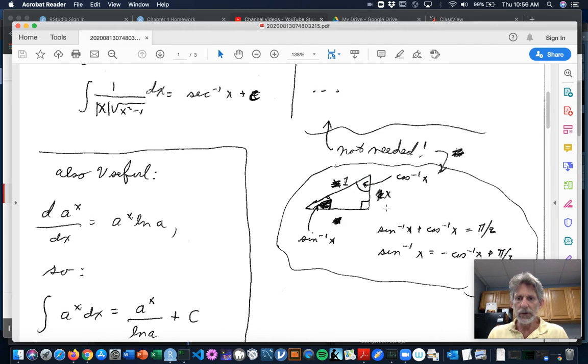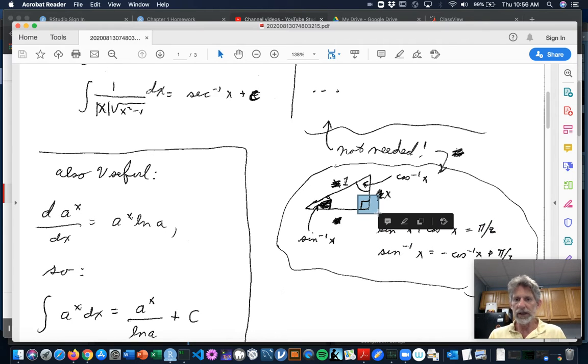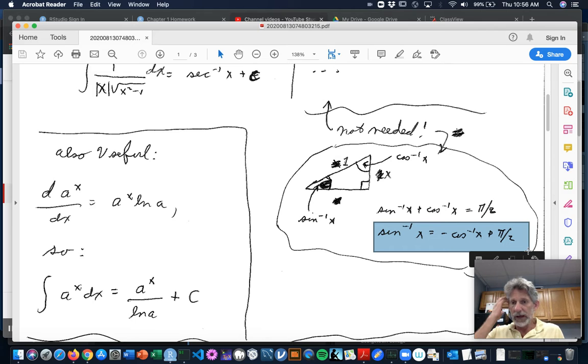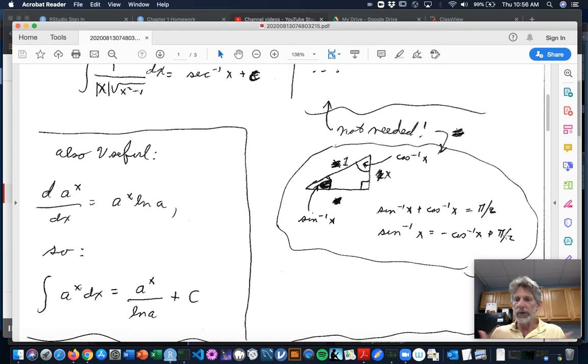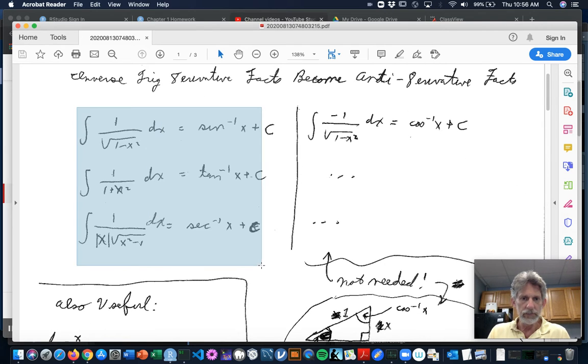And those two angles, they add up to 90 degrees because of the right angle taking up half the total 180 degrees in the triangle. And so inverse sine of x is actually the same as minus inverse cosine, just add on a constant, pi over 2. And so although there are 2 different approaches to finding the antiderivative, they're separated by a constant, so they yield the same indefinite integral. So just learn these 3, all righty?